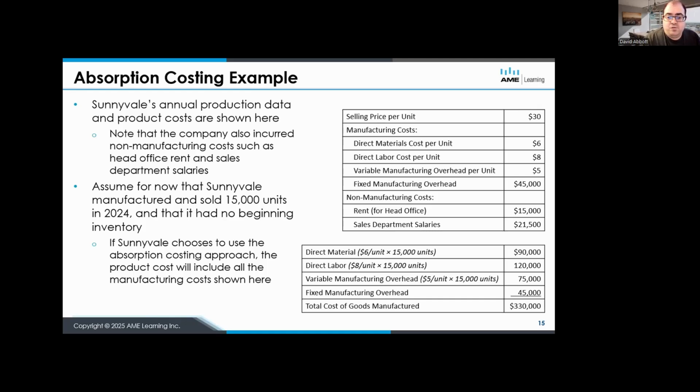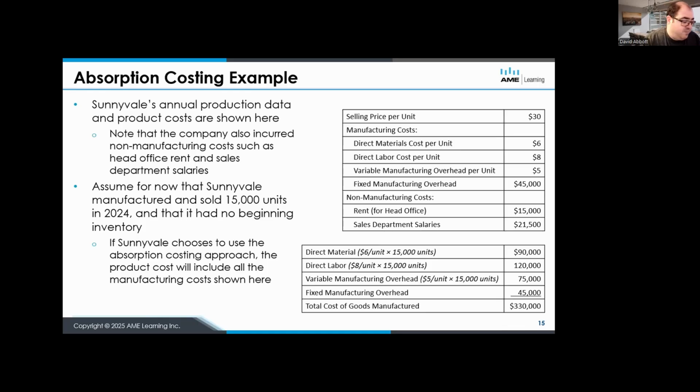And so we're going to assume that Sunnyvale Manufacturing manufactured and sold 15,000 units in 2024, and that they had no beginning inventory. So this is what they had for the year. If Sunnyvale chooses to use the absorption costing approach, the product cost would include all of the manufacturing costs.